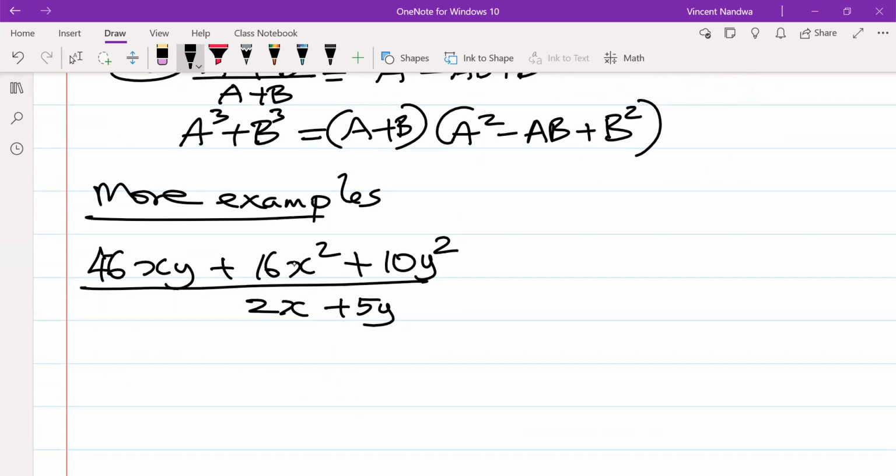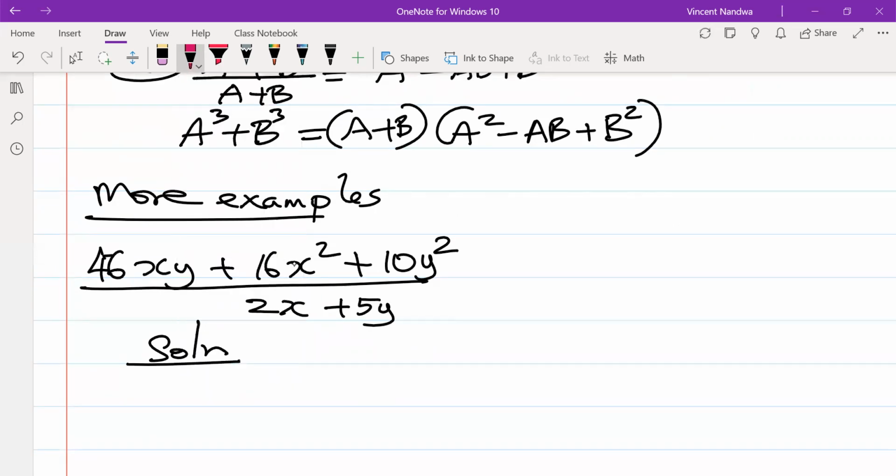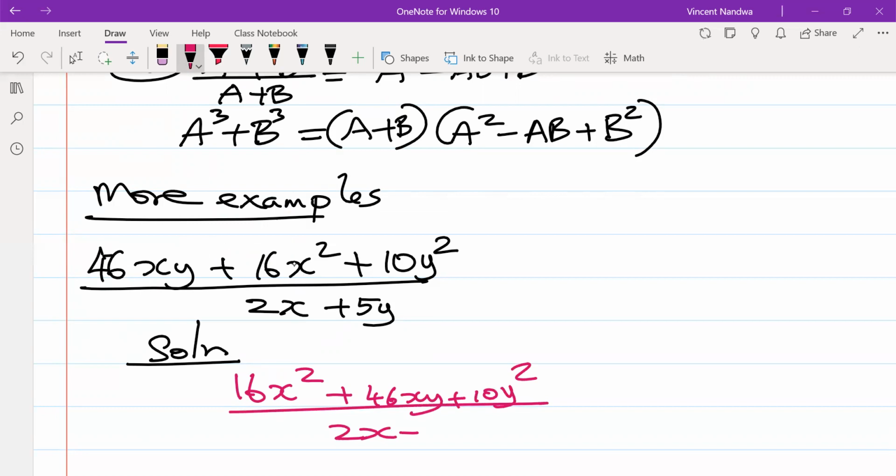So how should we rearrange the dividend? We start with the x squared. So we can write this as 16x squared plus 46xy plus 10y squared over 2x plus 5y.